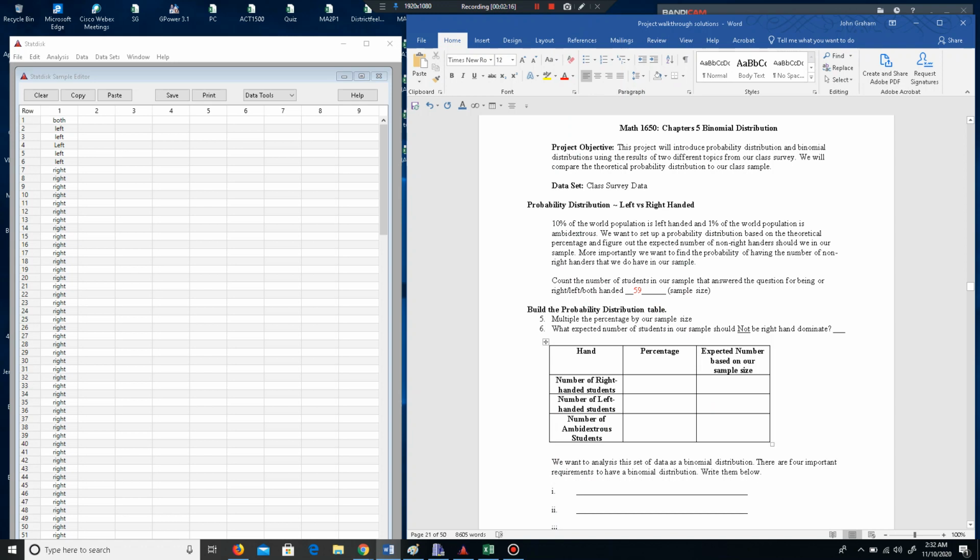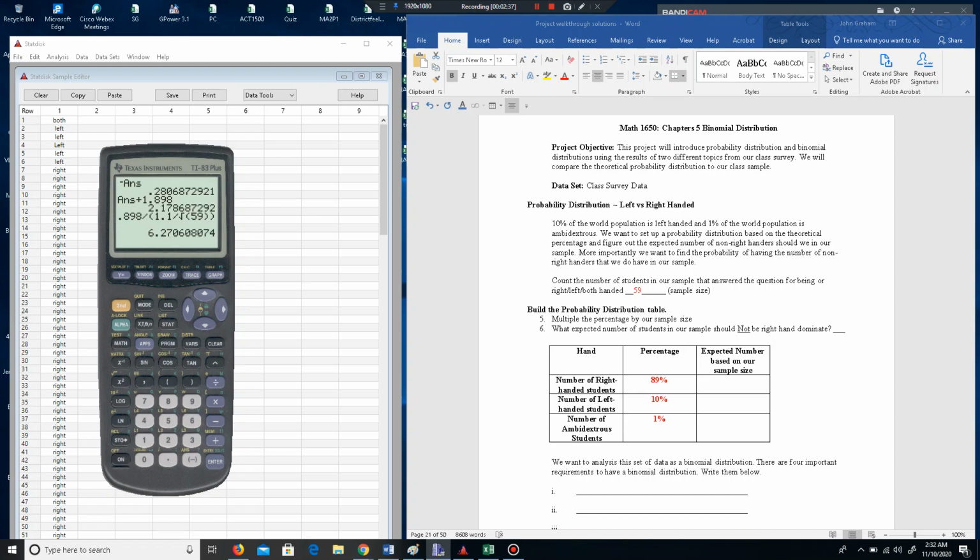And so we're going to look at these percentages. 89% is right, 10% is left, 1% is ambidextrous. If we multiply these by our sample size, we can get our expected amount. So 59 times 0.89 is going to be 52.51.